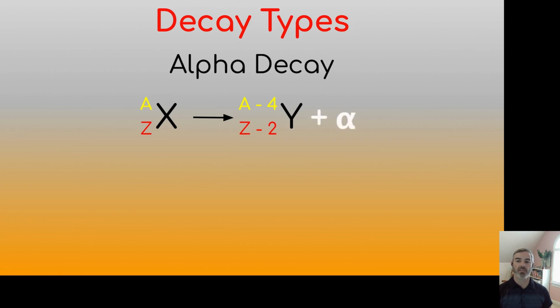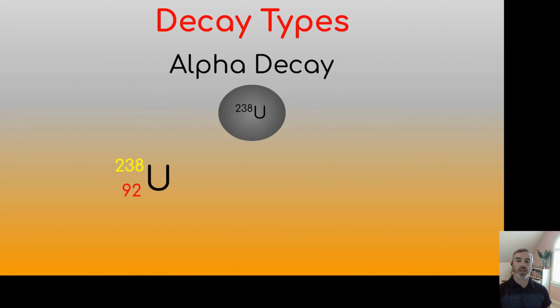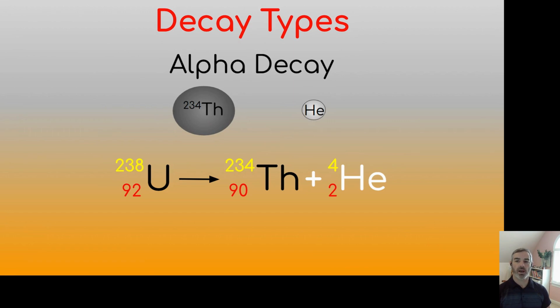So we add the alpha particle, which is just a helium nucleus with 4 total nucleons, 2 protons and 2 neutrons. If we look at this for uranium-238, it breaks apart into thorium and helium, that alpha particle, and you can see that the mass number, 238, is equal to 234 plus 4, so the mass number has to be conserved, and the charge also has to be conserved, 92 protons on each side.